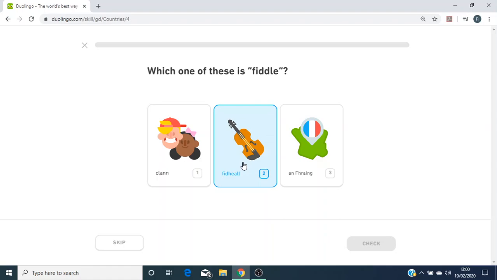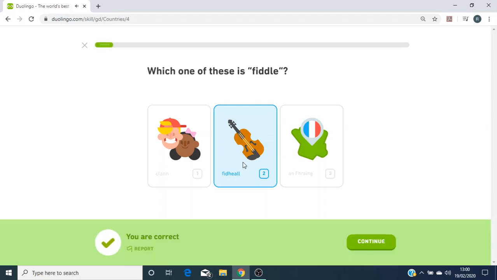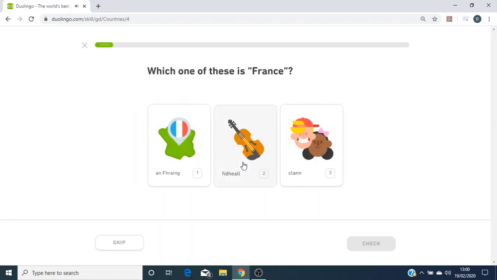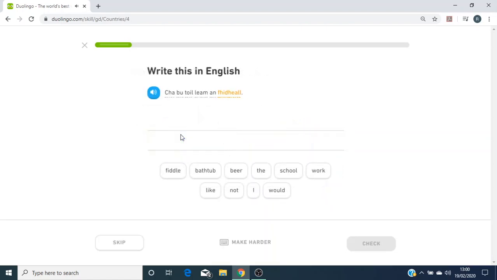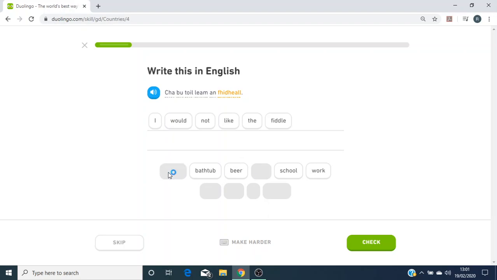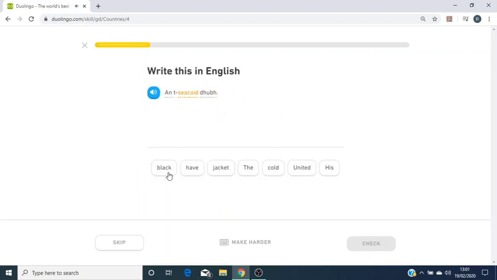France. We're not getting a pronunciation. I would not like the fiddle.